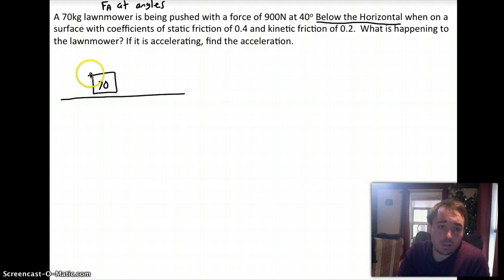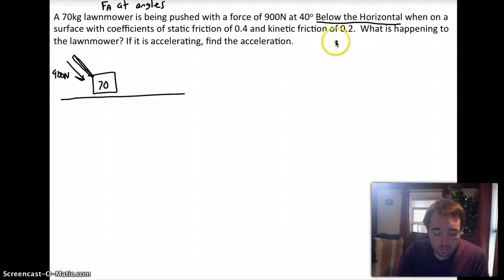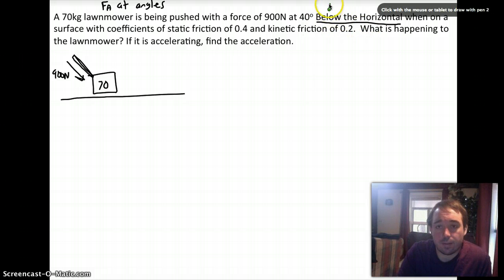So, lawnmower is going to have that handle. It's a push lawnmower. And the force is going to be pushed down the handle. So we know 900 is the hypotenuse. So when it says below the horizontal, kind of just like we had east of west, or east of north, or whatever the case is, the second one was the one that mattered.